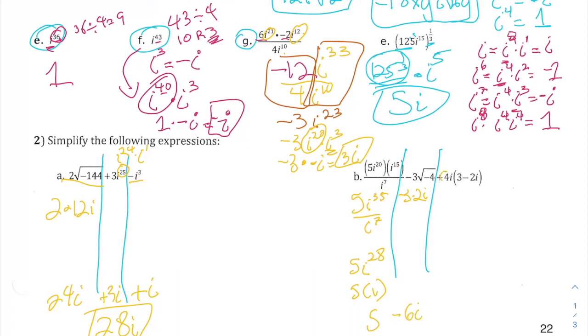And over here, I have to distribute a 4i to each term, so this is 12i minus 8i squared, and you're not finished until you just have i to the first power, so keep that in mind. Even as we get down here, this just stays as plus 12i, and i squared is really, by definition, negative 1, so this is actually 12i minus 8 times negative 1, so this is 12i plus 8.